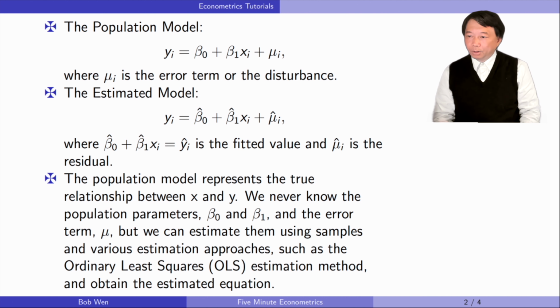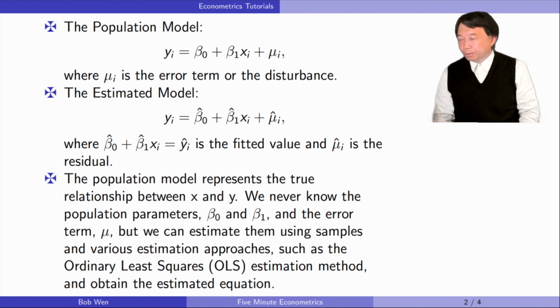In other words, we never know the population parameters beta 0 and beta 1 and the error term mu, but we can estimate them using various estimation approaches, such as the ordinary least squares (OLS) estimation method. We hope that the estimators beta 0 hat and beta 1 hat are as close to the true population parameters beta 0 and beta 1 as possible.